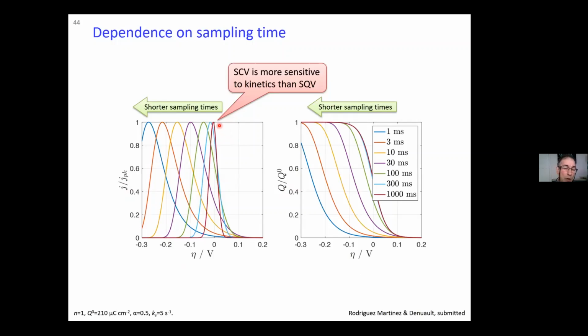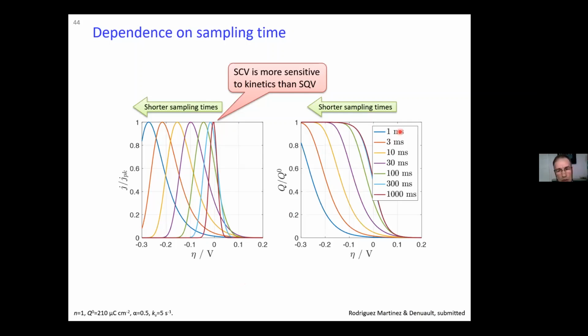And what we observe is that the sample current voltammograms are a lot more sensitive to electron transfer kinetics than the charge data. And we have analyzed these to try and derive some mathematical treatment to extract the 4 unknowns that I mentioned before.